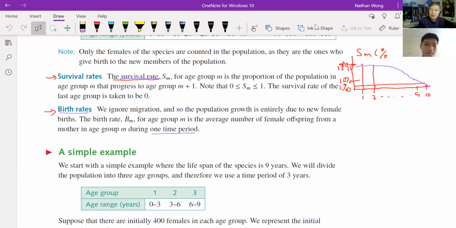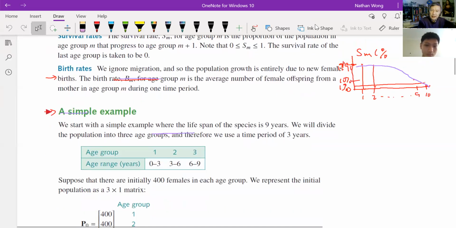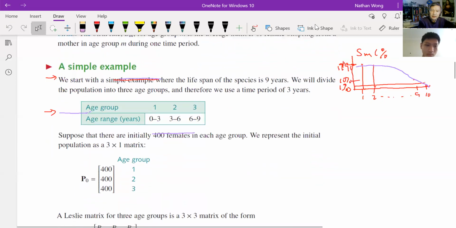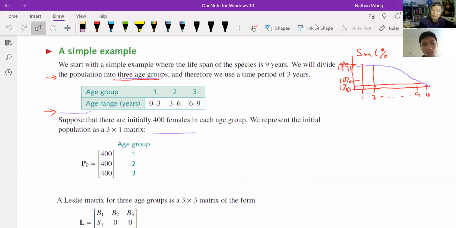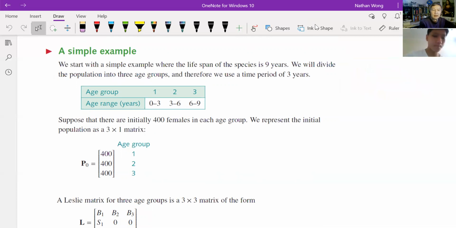Can we just go to a simple example? This is a general description. If you go to a simple example, you should be able to understand this better. Can I just clean up this one? Okay, that's simple.